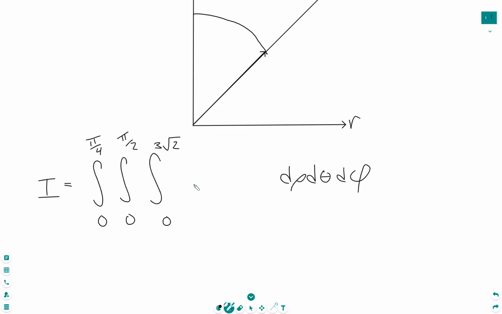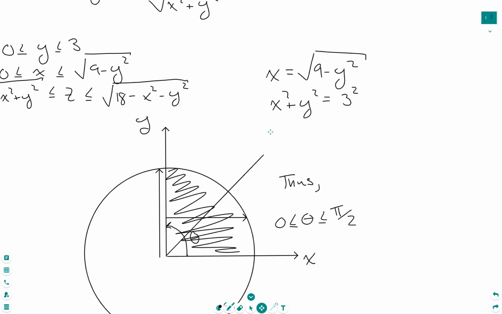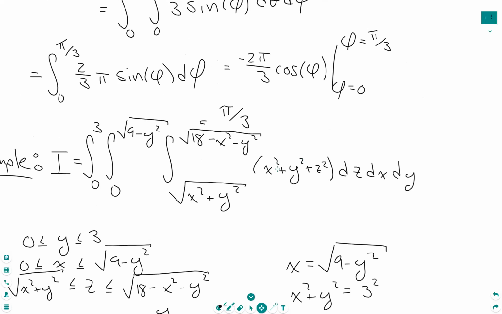This is also a spherical wedge. It looks super complicated in Cartesian coordinates, but in spherical coordinates, we're just looking at the spherical wedge here. We're going to have a rho squared sine phi. And then remember, we also had an integrand. So let's scroll back up here for a second and look at our integrand. It was x squared plus y squared plus z squared.